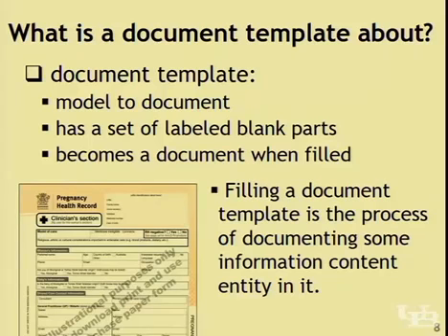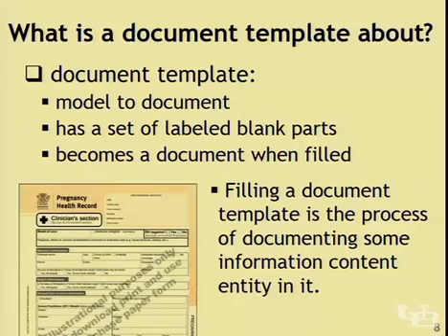But I saw that a document template is a model to create a new document. When we create a document template, we define a set of labeled parts, blank parts, like here. We have this part that expects to accept a phone number and is labeled to be a phone, for example. And when I come here and write some information in this template, it becomes a document.